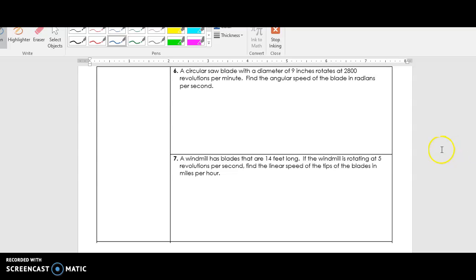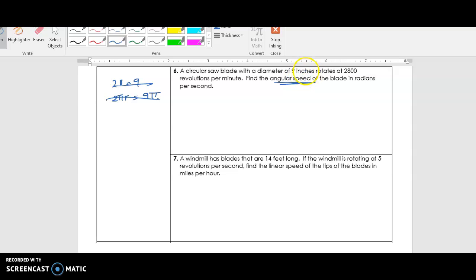Okay, a circular saw blade with diameter 9 inches. So immediately, that means 2 times r is 9. So 2 pi r, meaning 9 pi. Okay, keep that in mind. And oh, he wants angular speed. So we really don't have to use this because he's asking for angular speed, and the diameter is given as 9 inches.